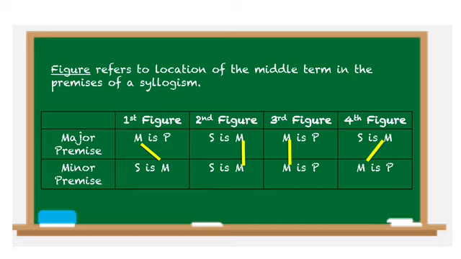In second figure, the middle term is the predicate of both the major and the minor. Third figure, the middle term is the subject of both the major premise and minor premise. And in fourth figure, the middle term is the predicate of the major premise and the subject of the minor premise.